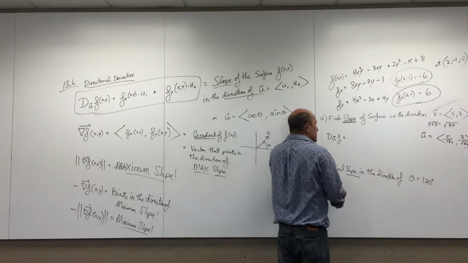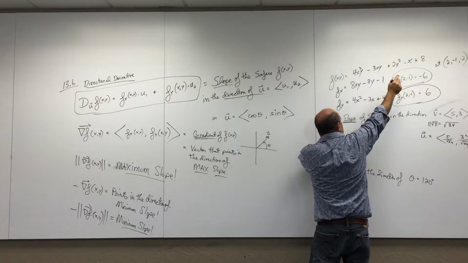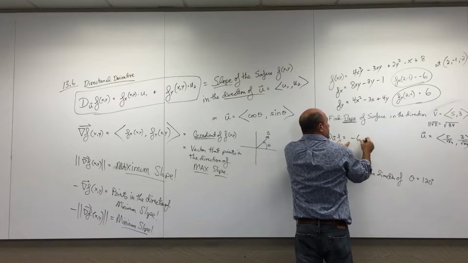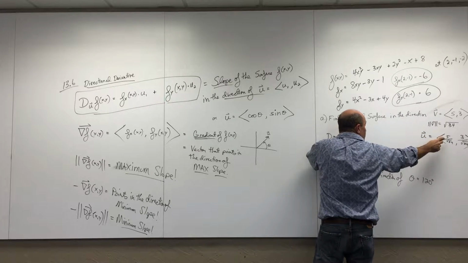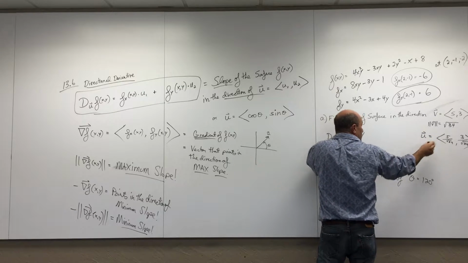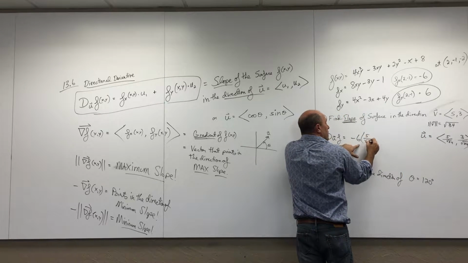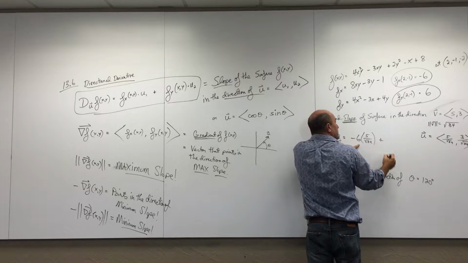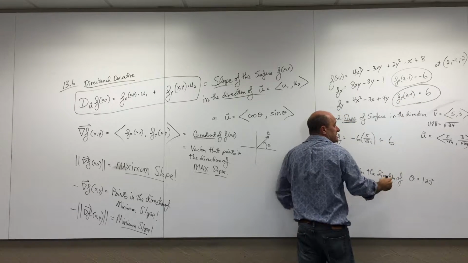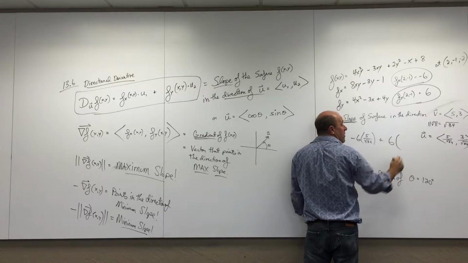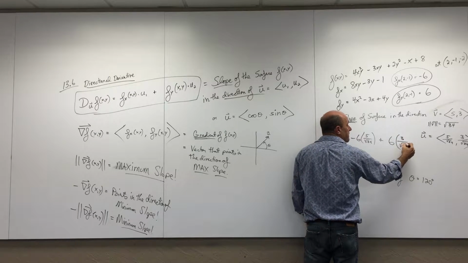And here we go. The duff is, you ready? It's fx, which I think I calculated to be -6, times the x component of the unit vector, 5 over the square root of 34, plus the fy, the partial derivative with respect to y, which was a 6, times the y component of the unit vector.